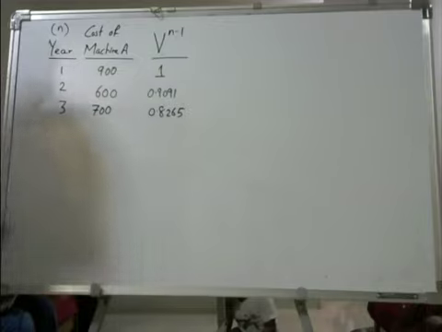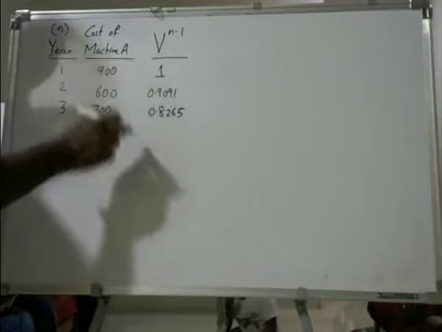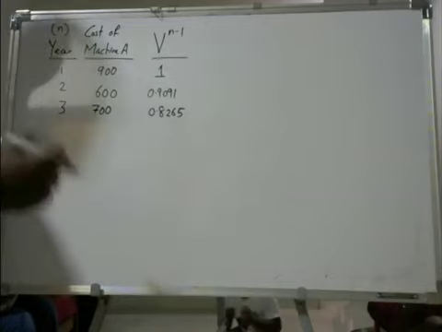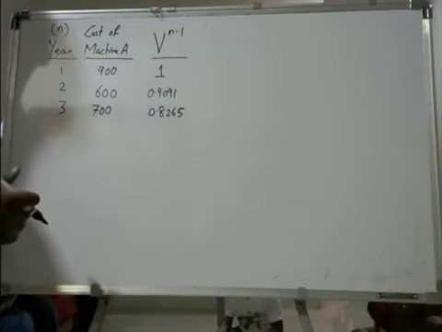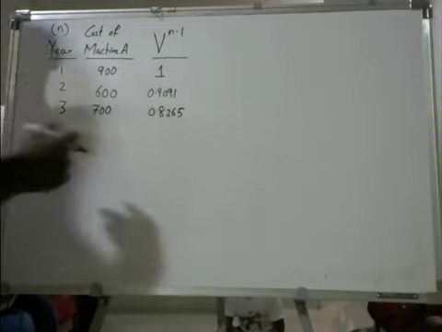So we have found out the discount rate. Now we have to find out the discounted cost of machine A at 10%. So how do we write that?